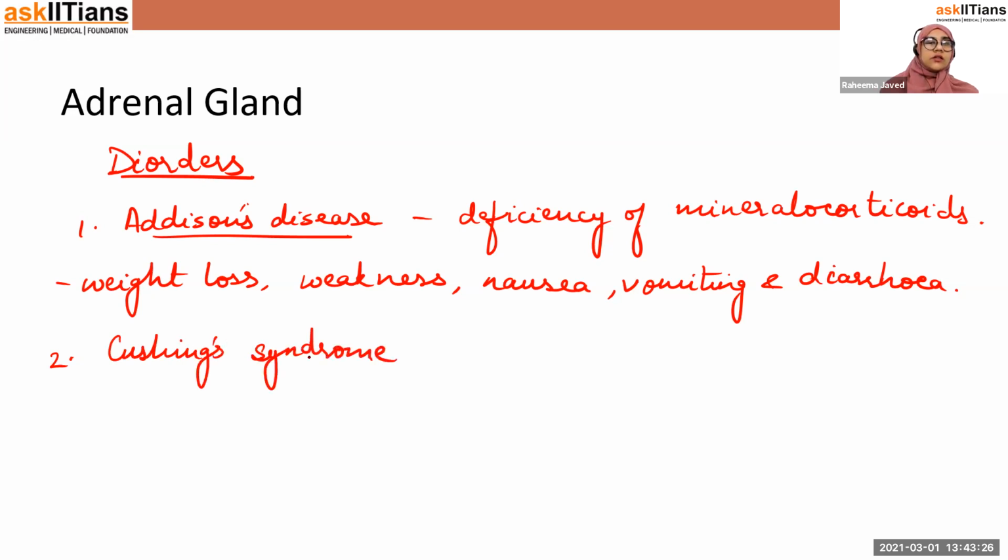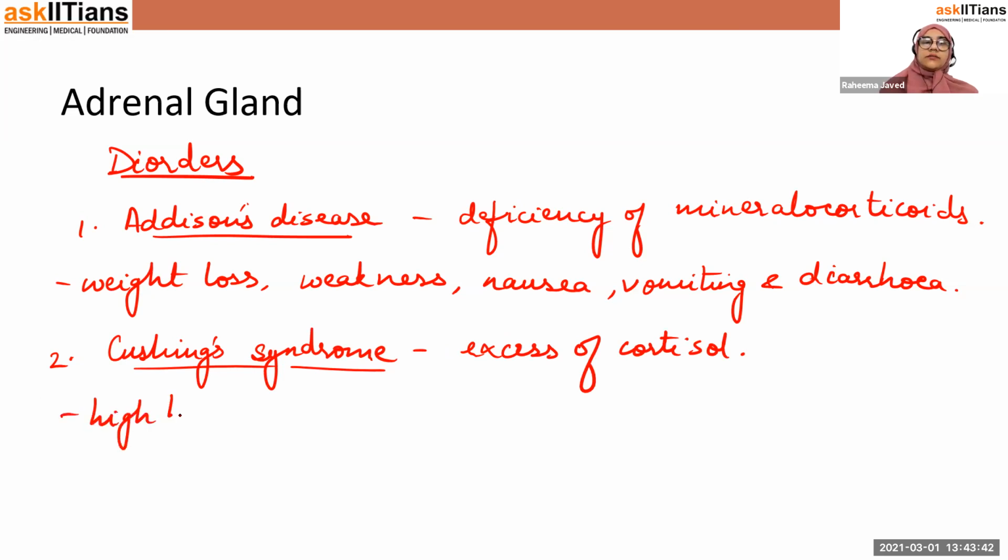Next is Cushing syndrome, which is caused due to the oversecretion of cortisol, which is a glucocorticoid. Okay, this can cause high blood pressure and high blood volume.